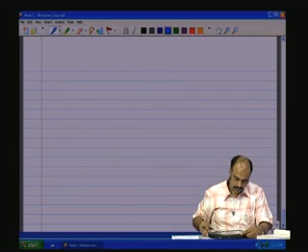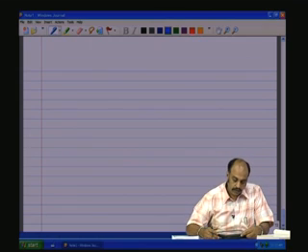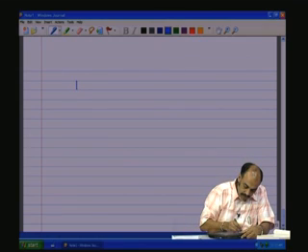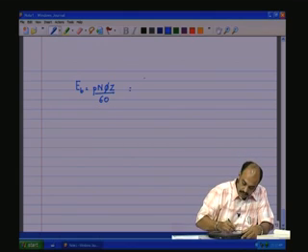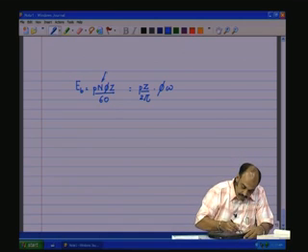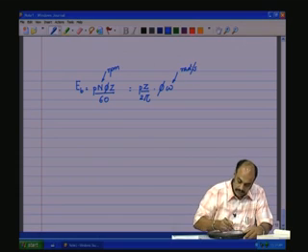Now, if we take this equation Eb, which is equal to P n phi z by 60, or P z by 2 pi into phi omega, where n is in RPM and omega is in radians per second, and this is k which we had defined, so Eb is equal to k phi omega.